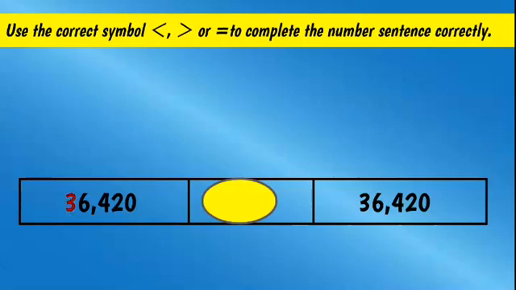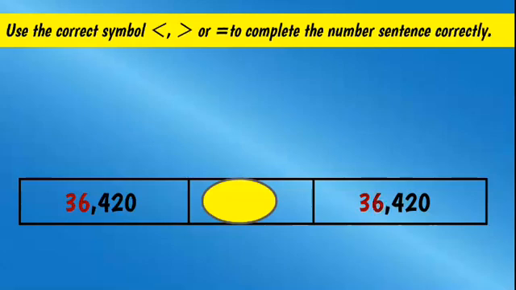So we are comparing our digits. So 30,000 in the first, also 30,000 in the second, 6,000 in the first number, 6,000 in the second number.